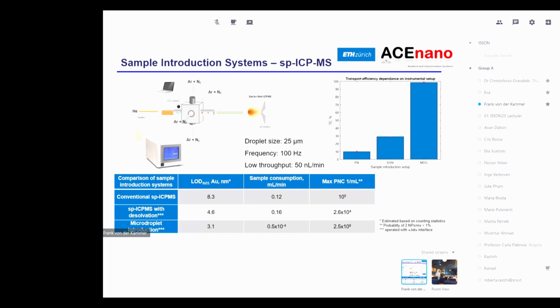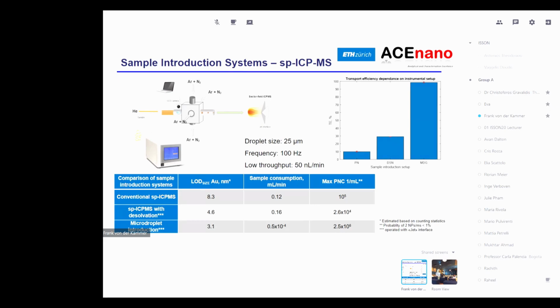This single particle in each droplet is then differentiated from the standard and can be nicely measured. Because we have very low matrix loads into the plasma, we are also achieving quite good detection limits. The example here for a gold nanoparticle goes down to 3 nanometers on a sector field instrument, and that's quite some improvement compared to other techniques.